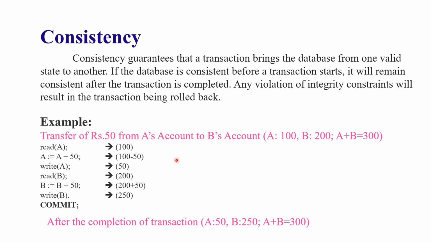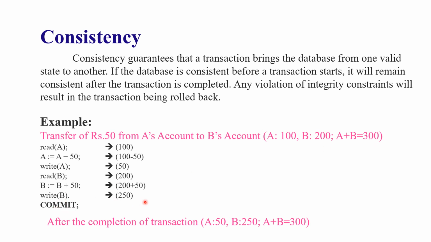Let us say we want to transfer 50 rupees from A's account to B's account. First we perform a read operation, which gives 100, and then we subtract 50 rupees from A. Then we write the new value of A. After that we read the value of B, add 50 rupees to B's account, and write the new value of B. Before the transaction, A's value is 100 and B's value is 200, totaling 300.